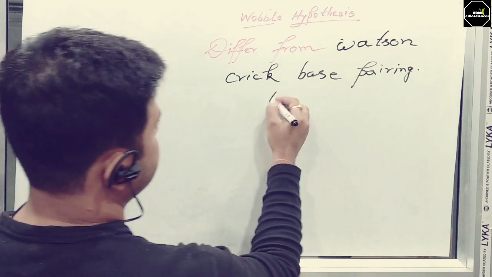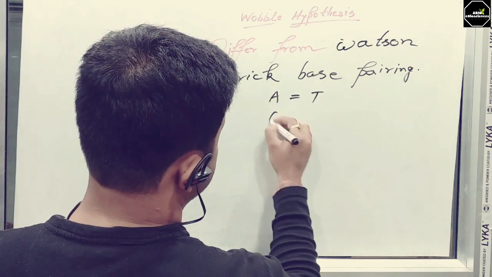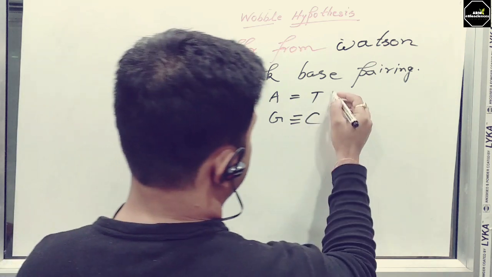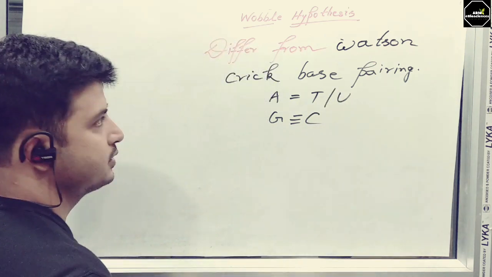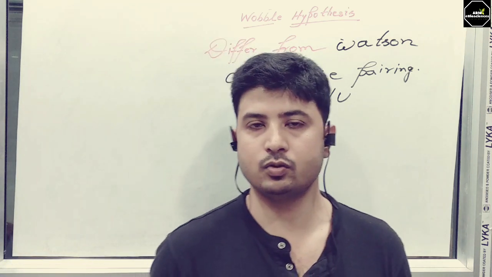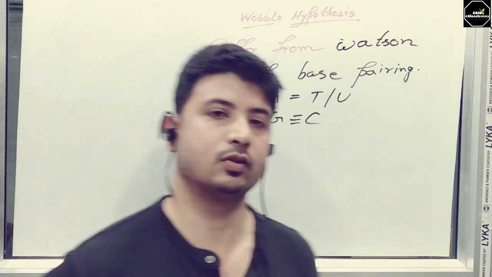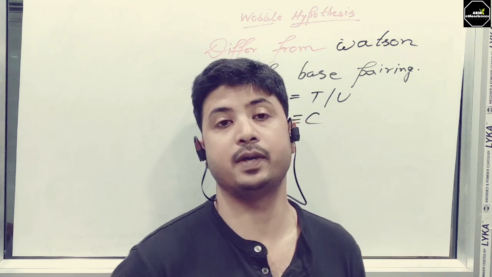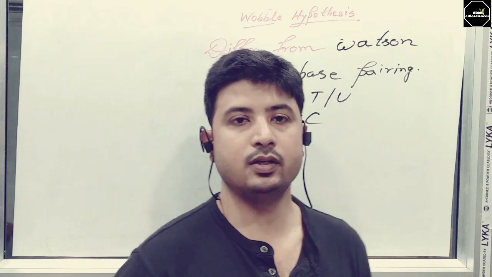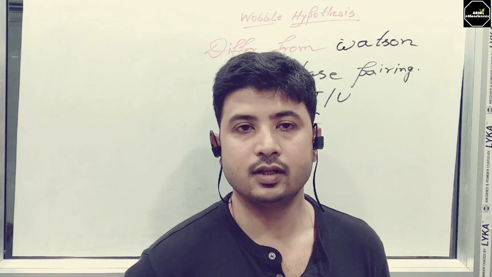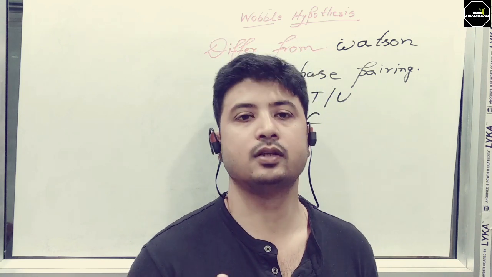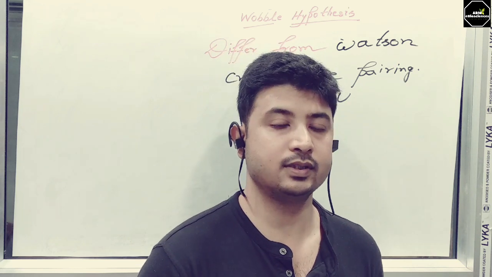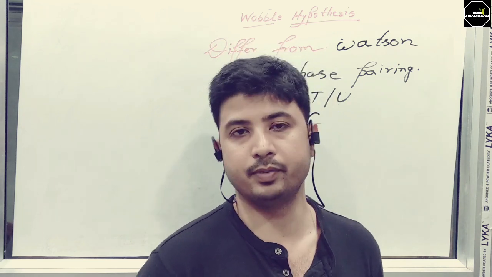We know that A bonds with T, G bonds with C, or in the case of RNA, U. So it is a normal process of bonding that you already know. But in the case of Wobble pairing, there is a flexibility in the bases which can pair. You will see the difference in their pairing ability beyond the normal pairing. That is the Wobble pairing.